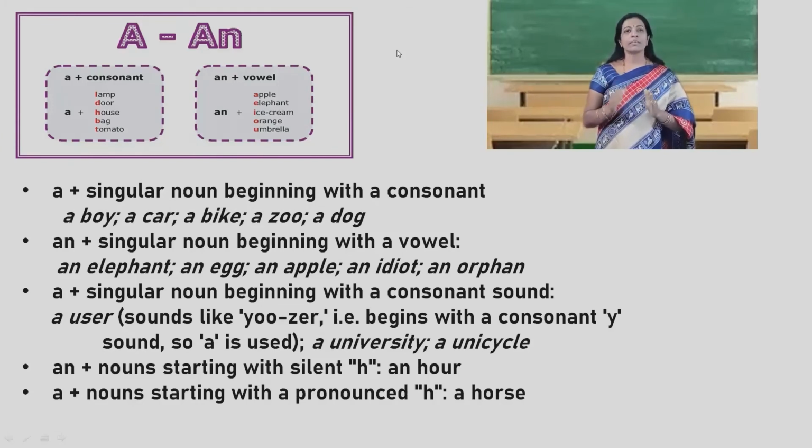So, students, this exception you should know, and where and when to use it. Always remember that the article "a" is used before a noun which either begins with a consonant or, in exceptional cases, which begins with a consonant sound. The indefinite article "an" is used before a noun which begins with a vowel or a vowel sound.